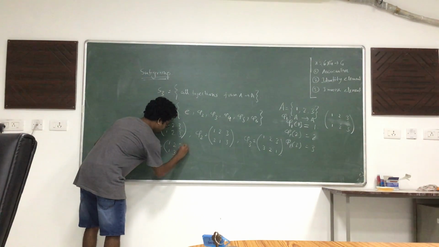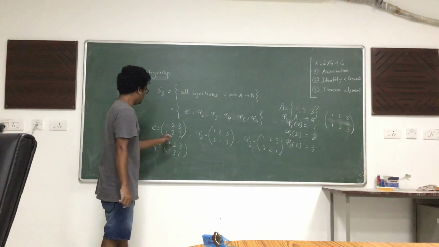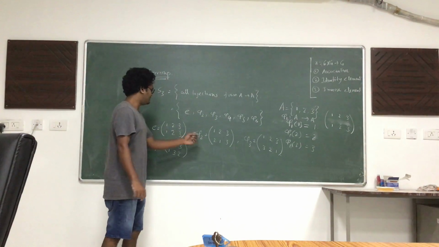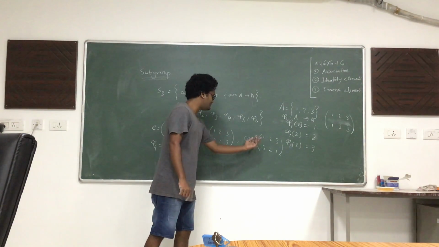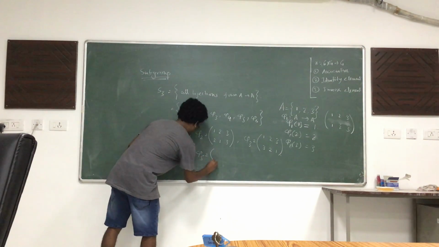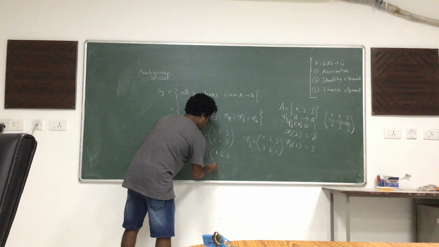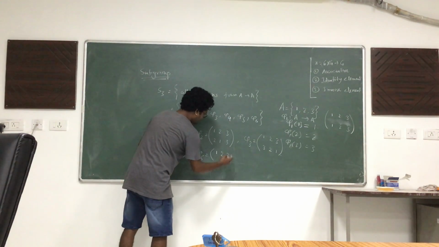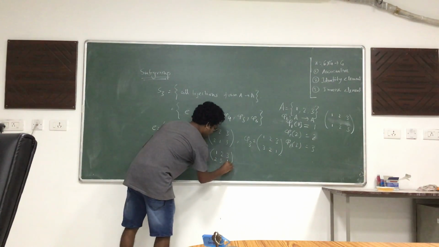So all possible permutations. In the first we keep the identity. In the latter 3 we flip 2 of the elements. And let us say phi 5 is 1, 2, 3, and now we cyclically permute this: 1 goes to 2, 2 goes to 3, 3 goes to 1.